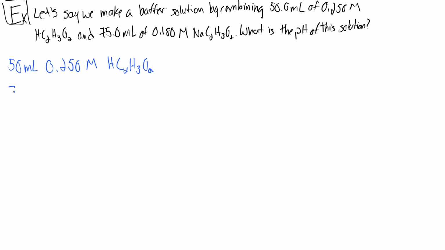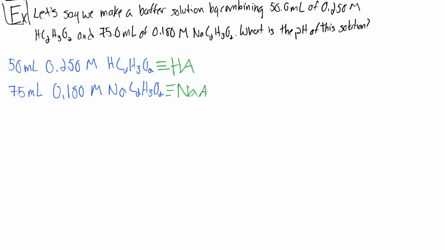We also have 75 milliliters of 0.180 molar sodium acetate, NaC2H3O2. And because I don't feel like writing, let's go ahead and abbreviate this as HA. We're going to define this to be HA, and this will be NaA. So the A here represents the acetate ion, the anion.